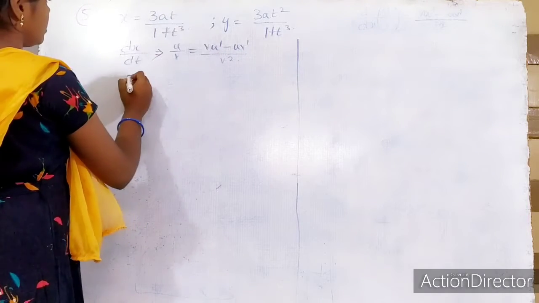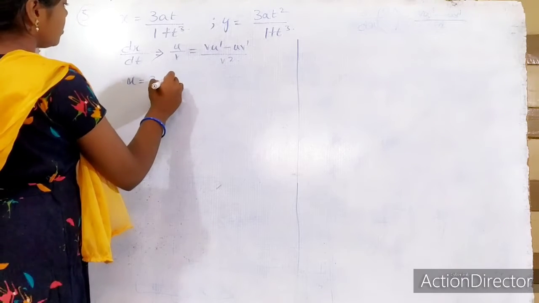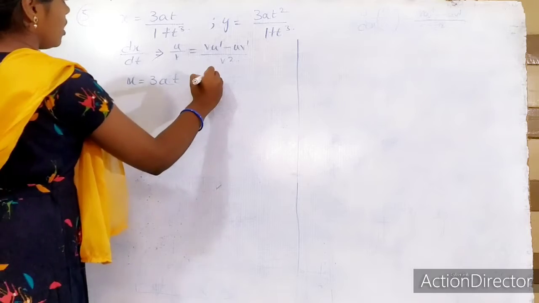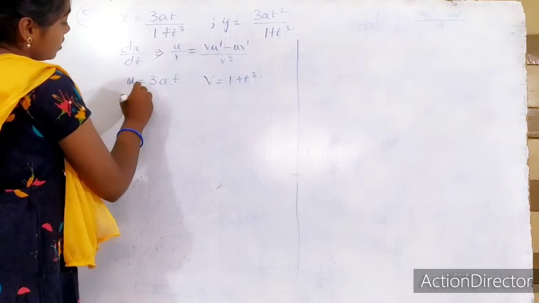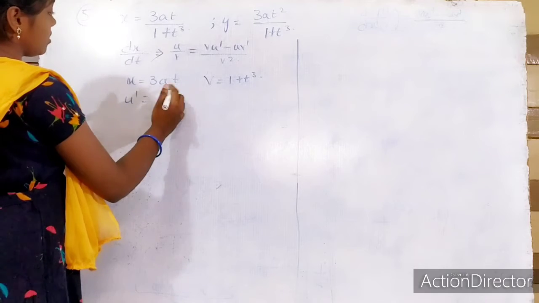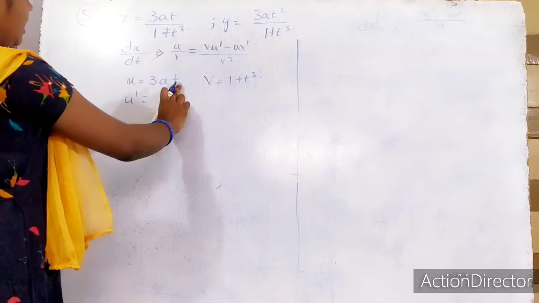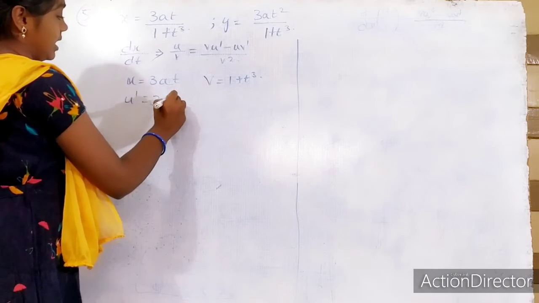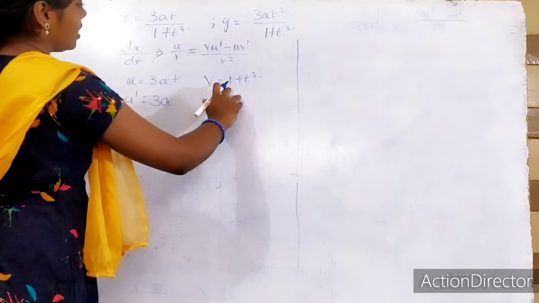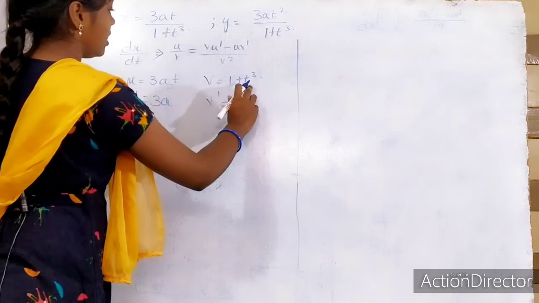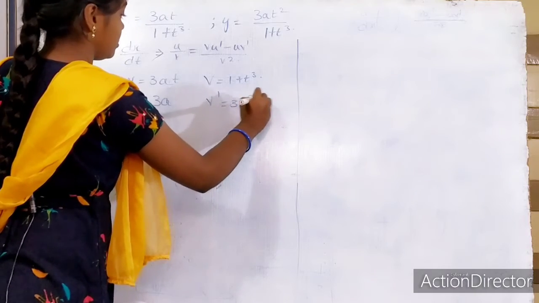Here u is equal to 3at and v is equal to 1 plus t cube. u dash is the derivative of t, which is 1, so u dash is 3a. v dash is the derivative of a constant, 0, plus the derivative of t cube, which is 3t square.